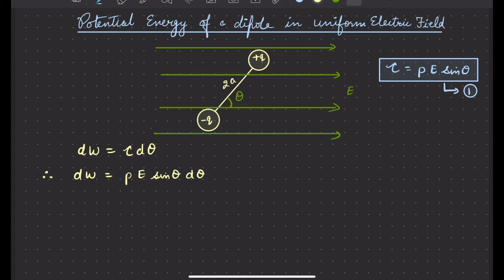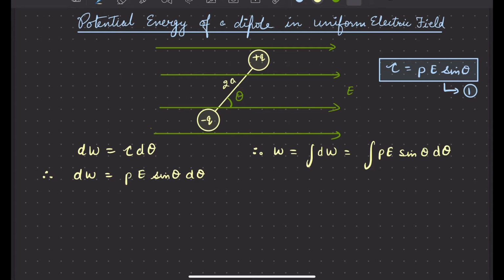As I said, we need to find the total work done, therefore we will integrate this equation, that is, total work done W is equal to the integral of dW, which is the integral of PE sine theta d theta.